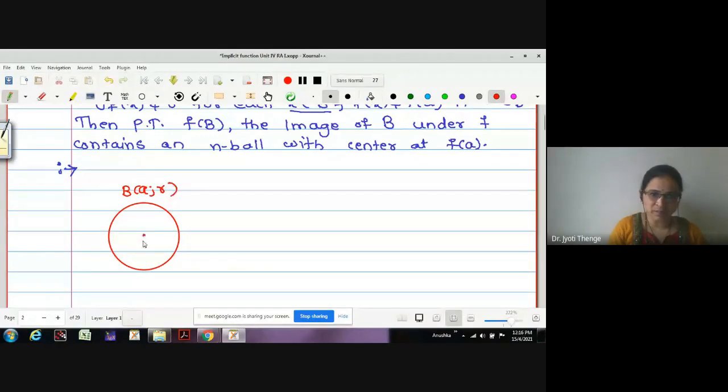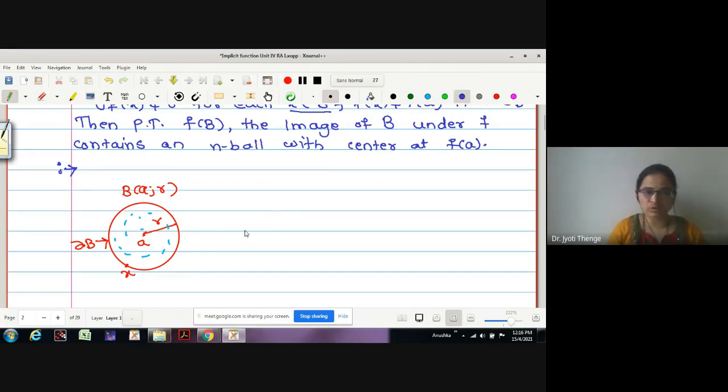Let me write the center of this ball to be some A, and the radius to be some R. And let us take an arbitrary point x on the boundary. This is the boundary, no? And what about the interior? All these points inside will be the interior, right?